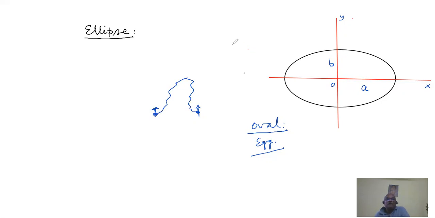Take a pencil, an SB pencil will work better. Put the pencil in here and push out. When you push out, your thread becomes taut, and then move the pencil here and there. But the posture of the pencil or your hand should be such that it is pressing against the thread.